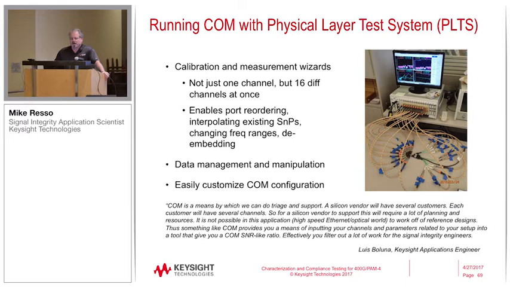So when you run COM with Physical Layer Test System software, which is a Keysight product that drives either a VNA or a TDR, you can have up to 32 channels. You only need 12 channels for COM, but as I mentioned, we know that there's crosstalk terms, and you can add more crosstalk aggressors if you choose.